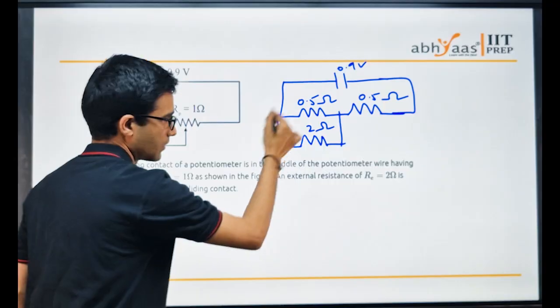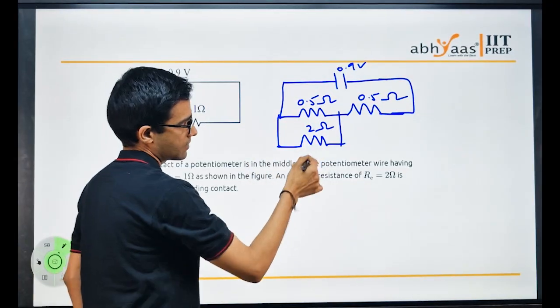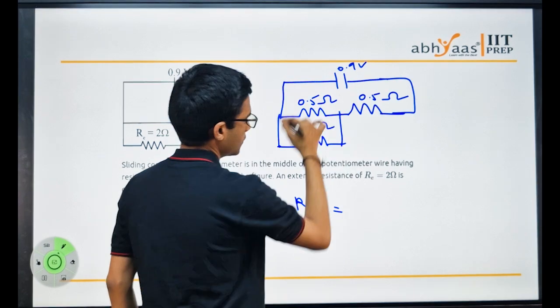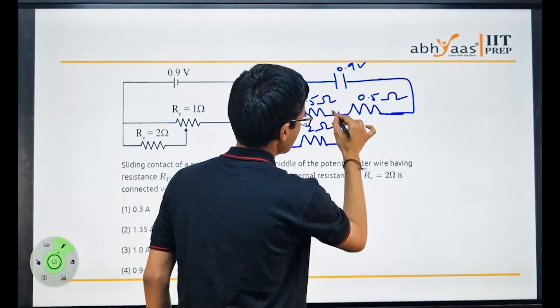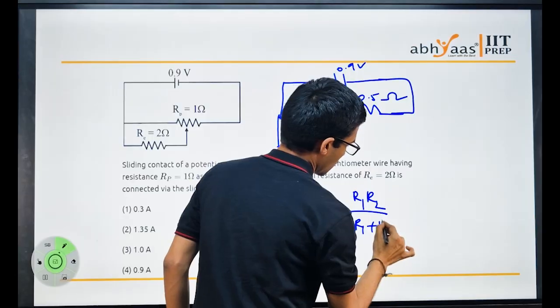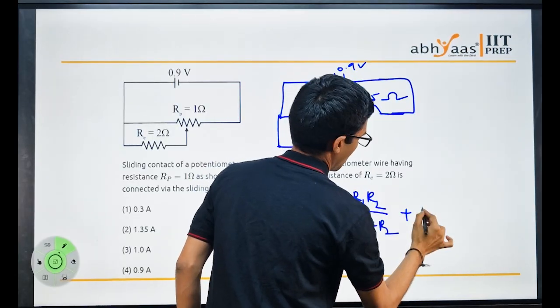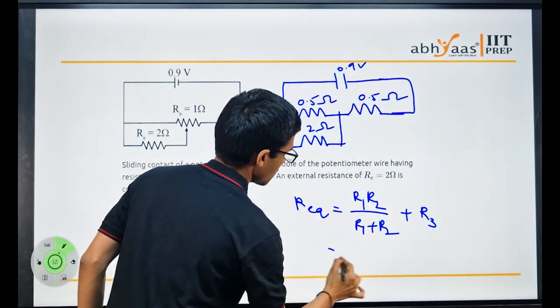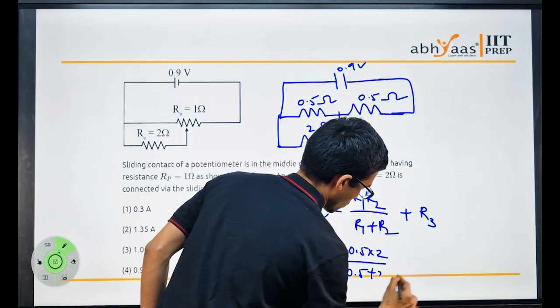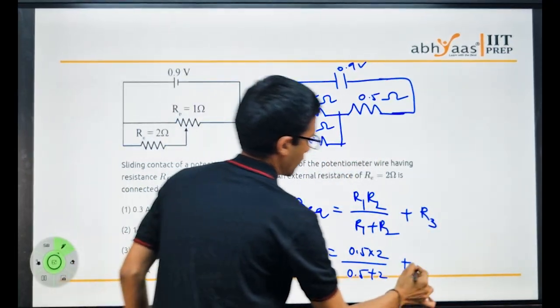If you see this, it is a parallel circuit. So R equivalent is equal to, if you consider R1, R2, R3, R1 R2 by R1 plus R2, plus R3. So 0.5 into 2 by 0.5 plus 2, plus this 0.5.